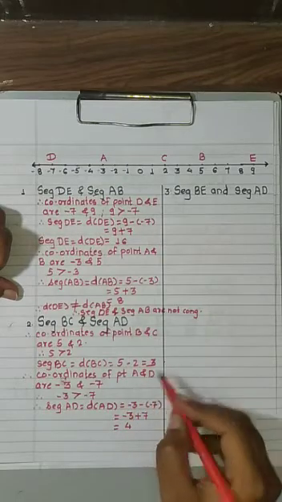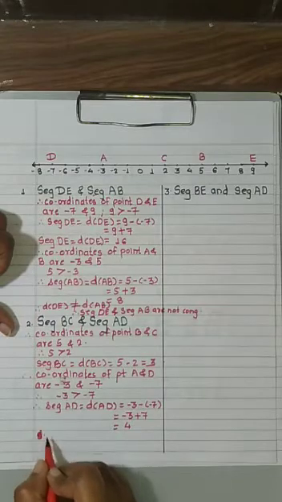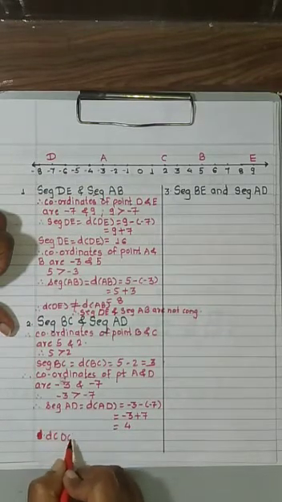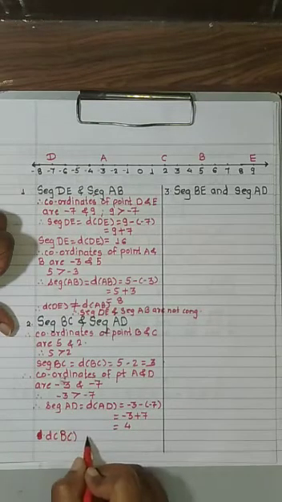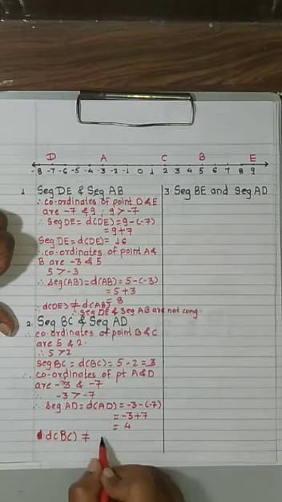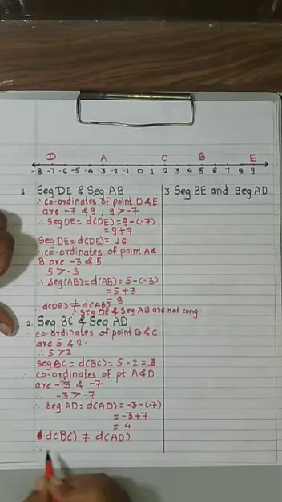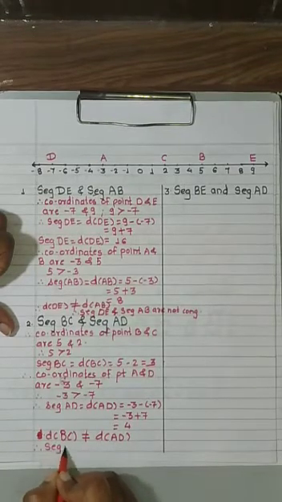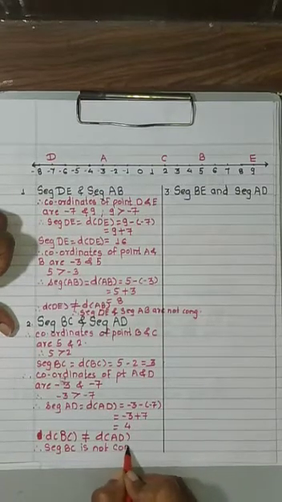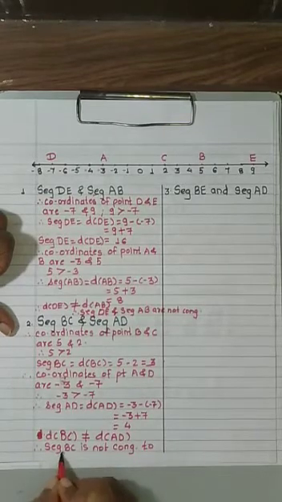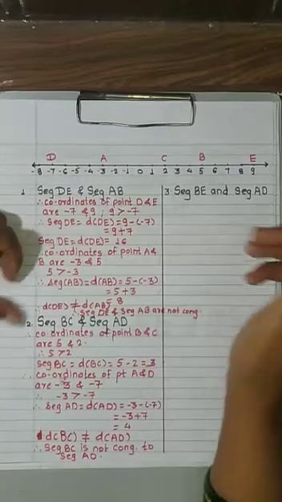Now you can clearly see that distance BC is not equal to distance AD. Therefore, segment BC is not congruent to segment AD.